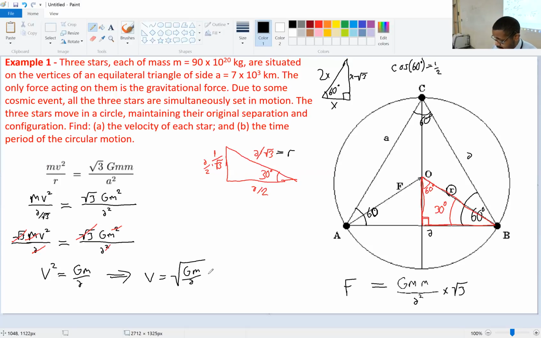And then it asks for the time period. And that's going to be the distance traveled divided by the velocity. So let me go ahead and copy this.